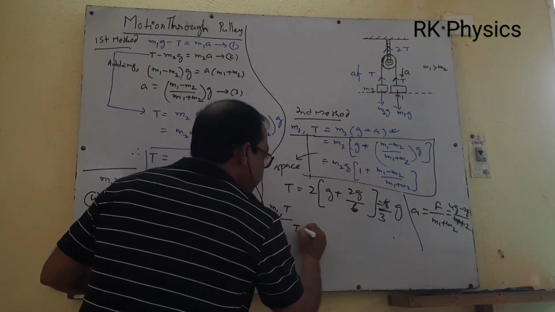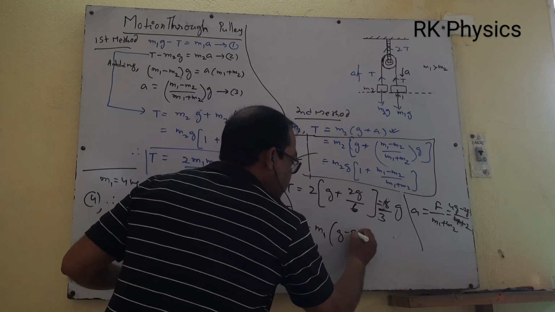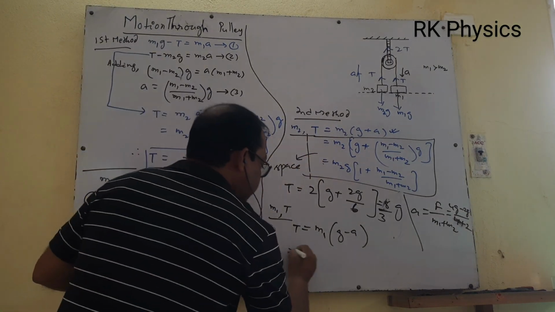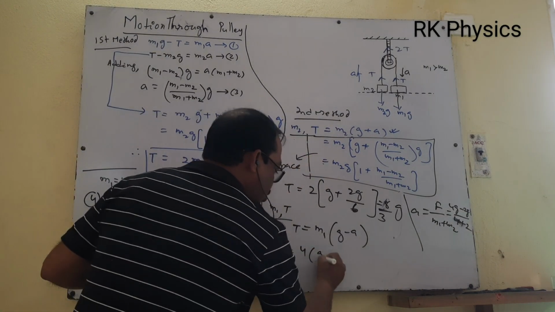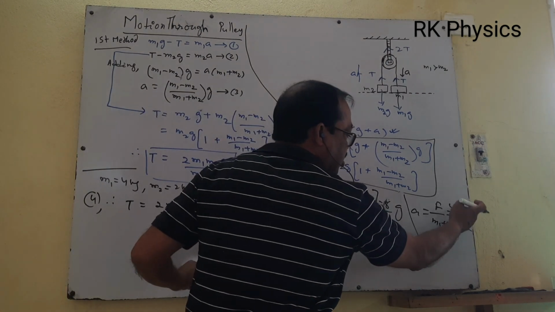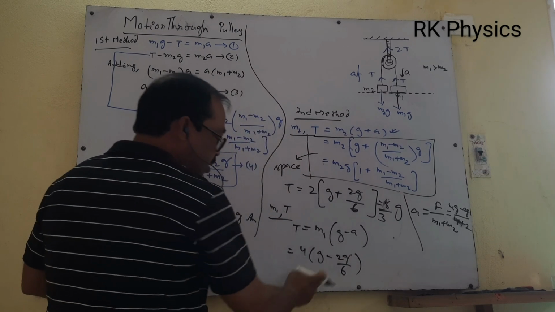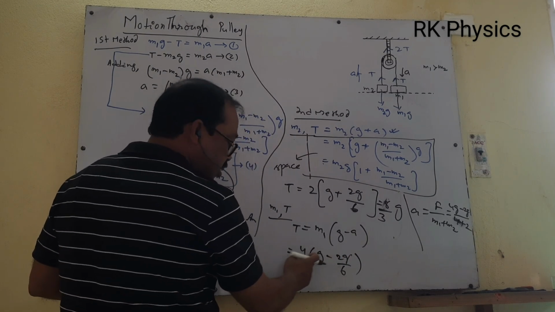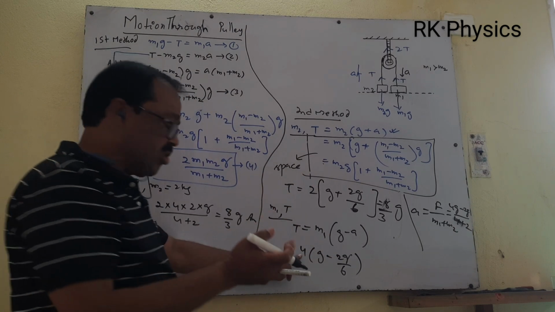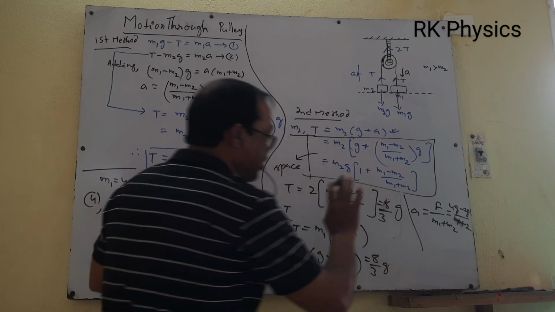Moving down means the lift moving down, so you take that mass into the formula g minus a. That is m1, which is 4, into (g minus a). Minus a means 4g minus 2g, that is 2g by 6. So 6g minus 2g, that is 4g, into 4, gives 16g by 6, which again is 8 by 3 g.